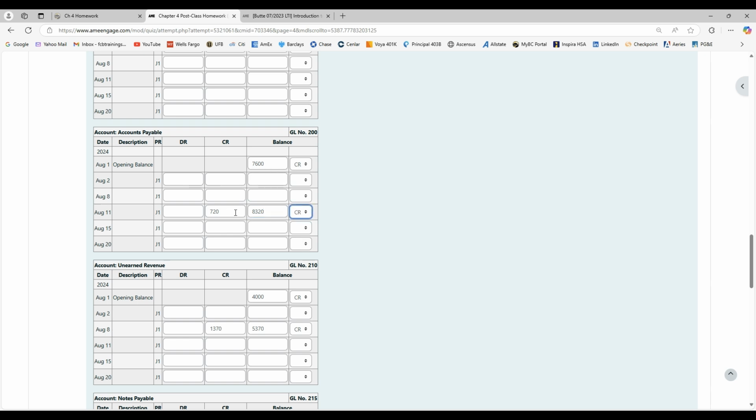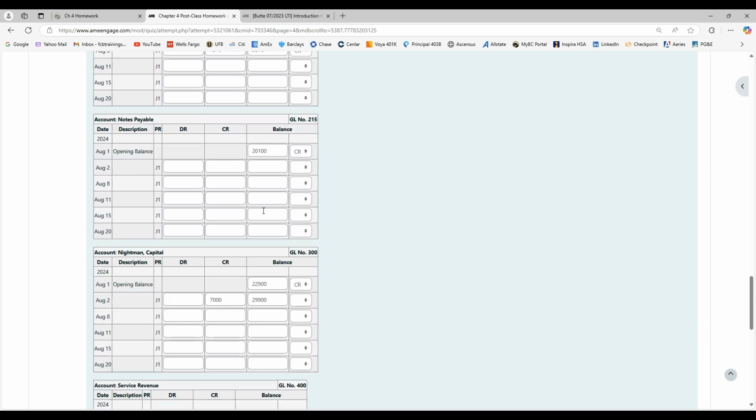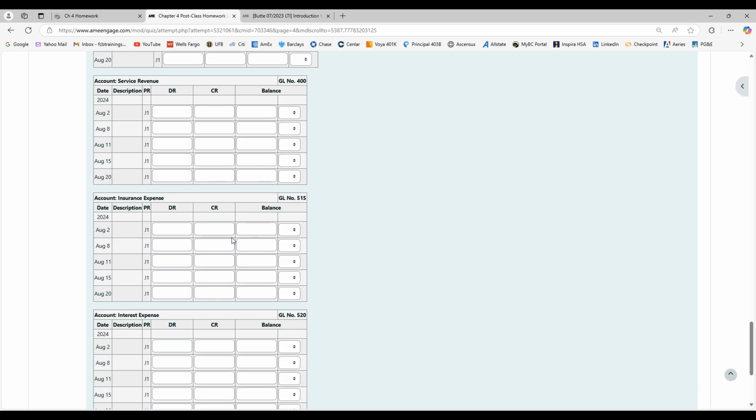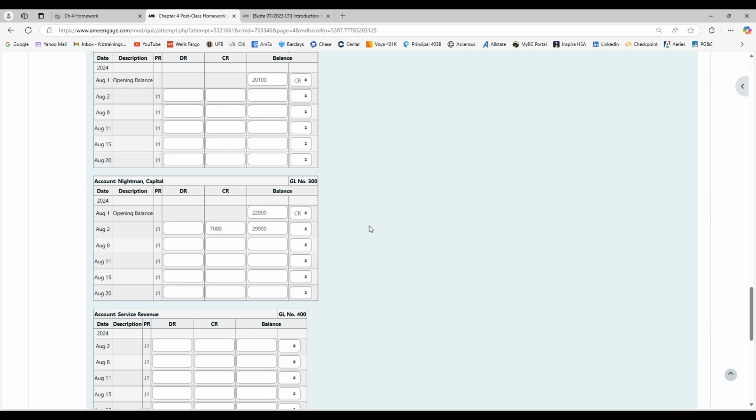Okay, credit balance plus a credit. And then the expense side is insurance expense. So let's find our insurance expense. That was a debit on the 11th. So our running balance was basically 0 up until we posted that entry. Now it's 720. I think I got both sides of that transaction, the credit and the debit.